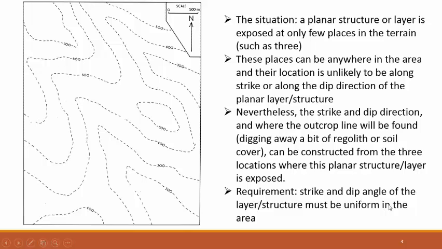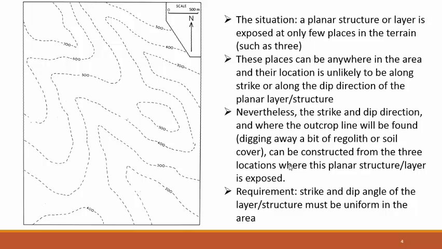So we can construct that using the 3-point technique, the 3-point rule, and this is obviously a highly valuable skill that might help you to target the position of such an outcrop line, even if you cannot see it in poorly exposed areas. You will at least know fairly precisely where you have to look for this outcrop.